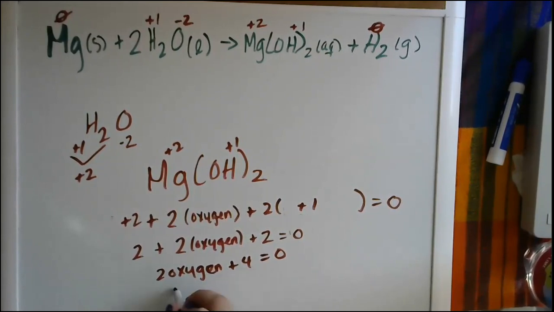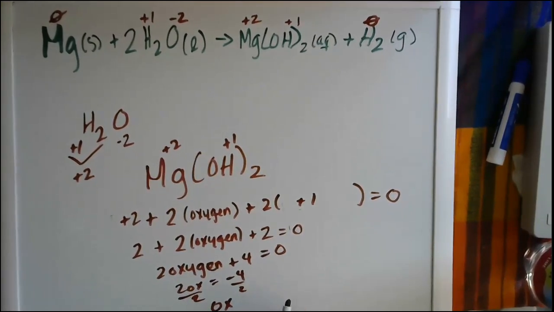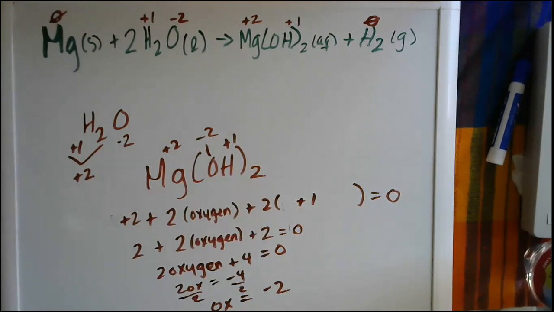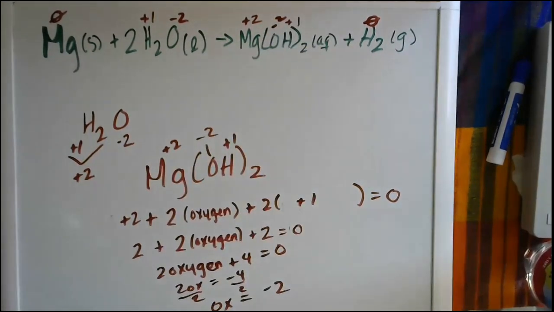So 2 oxygens is -4, and oxygen has an oxidation state of -2. We're not really that surprised by that, but you have to verify it every time, just in case it's something special like a peroxide. So we can fill that in up here.